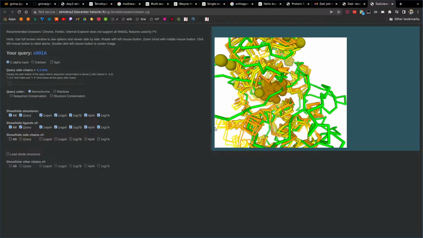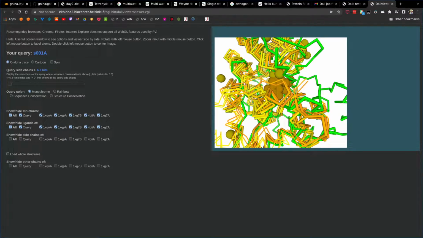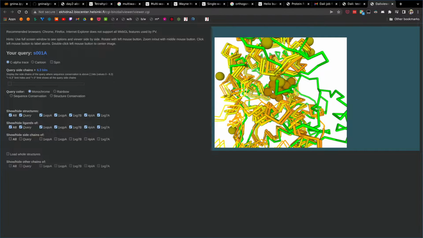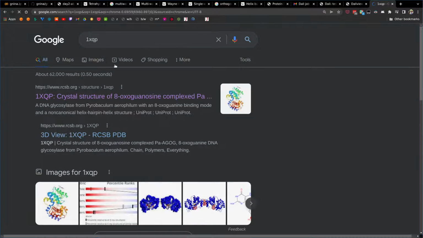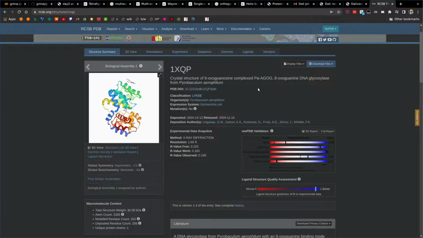That the overall structure of those helices is conserved, and then it has this thing in here, and that's in 1XQP, and that is this one, in complex with PA-AGOG, whatever that is.